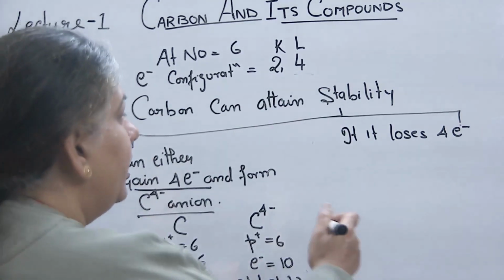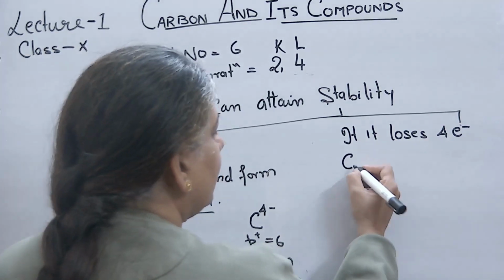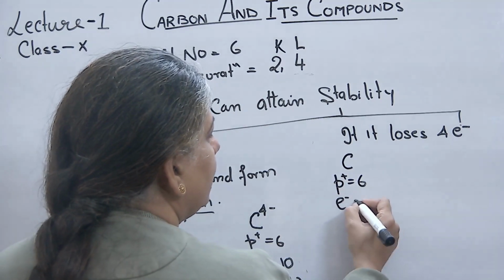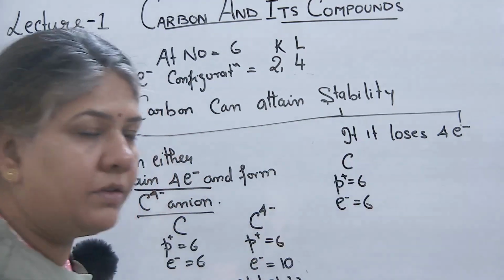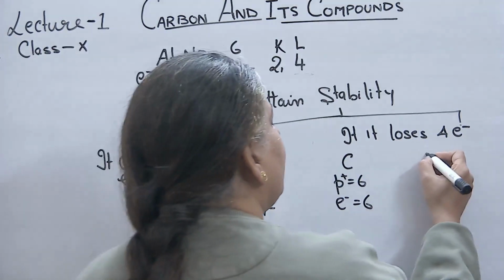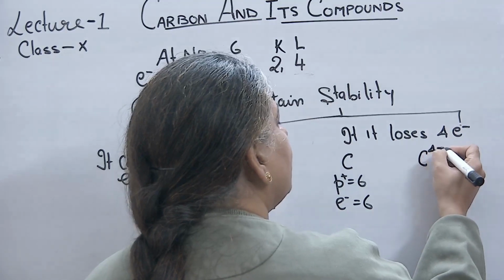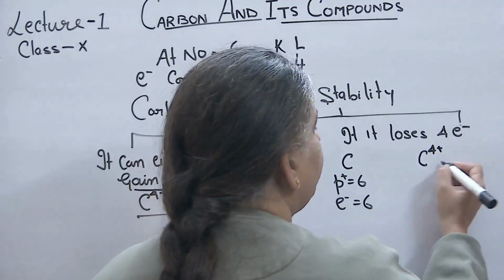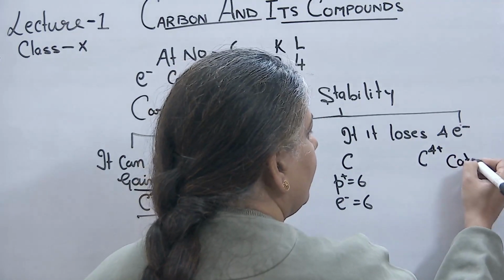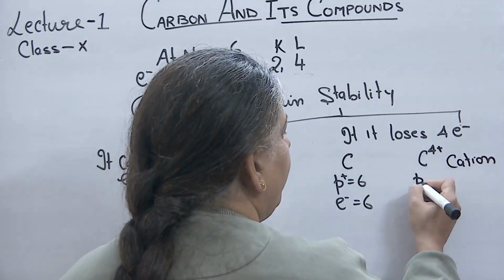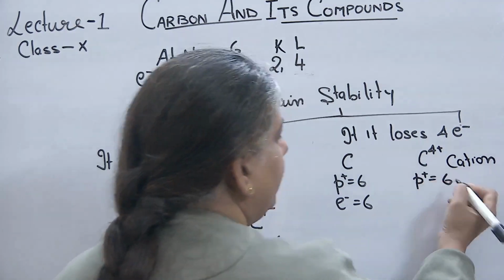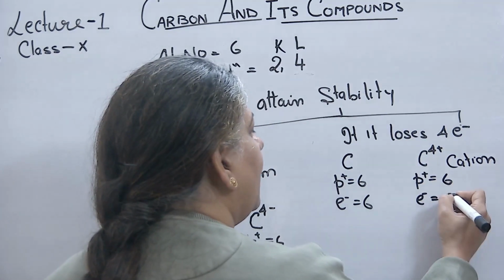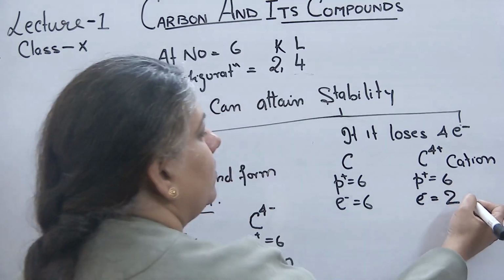Carbon has 6 protons and 6 electrons, balanced, and the atom is stable. The moment it loses 4 electrons, it will form a cation. Again, the number of protons will not change, but the number of electrons is reduced to 2.